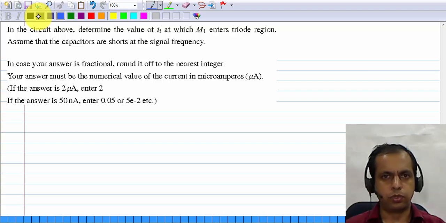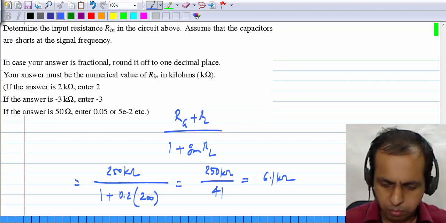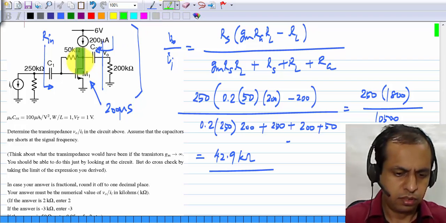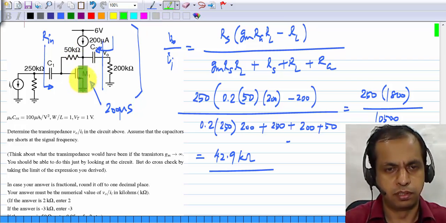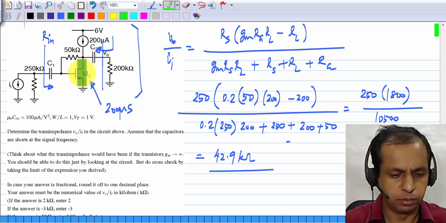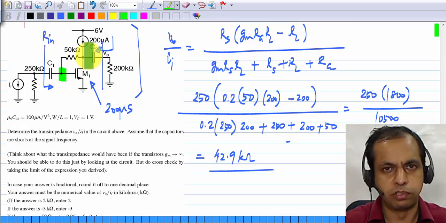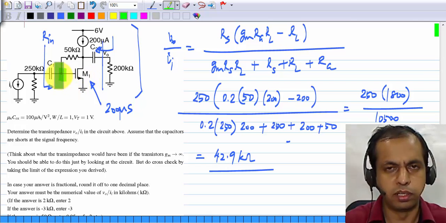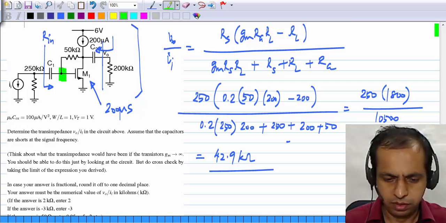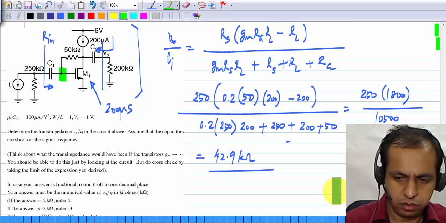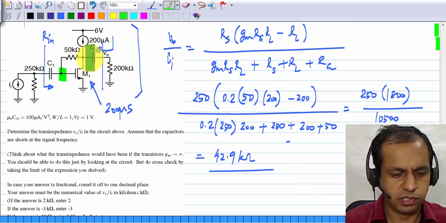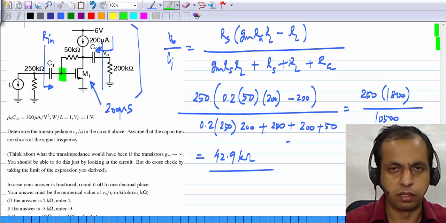This question asks for the swing limits. Basically, you need to find when the transistor goes into triode region, and the next question is about cutoff. For both of these things, we need to know the value of VGS of M1 so that you can calculate the drain current as well as the swing at the gate. Using circuit analysis, just like you calculated V0, you can also calculate VGS.